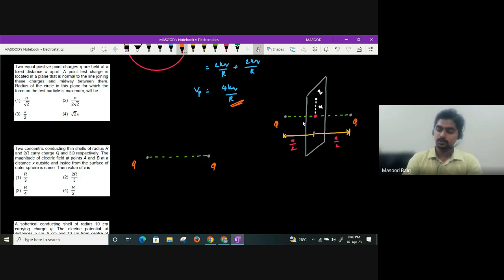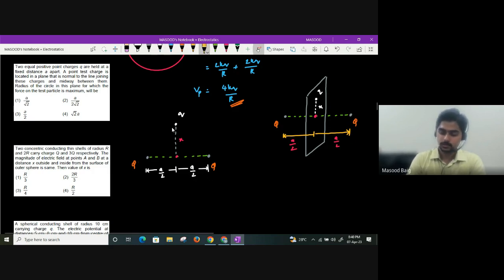So let us take the midpoint somewhere over here, guys, and I'm assuming that at this particular position of the test charge, at distance x, the force on it is maximum. From here to here is A by 2, and in the same manner from here to here also it is A by 2. So what will happen in this situation?